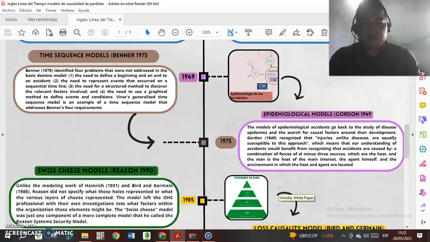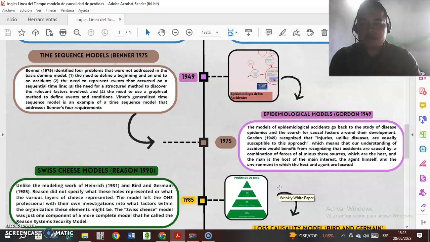In the years 1975, the ten second model, Bernard, in 1975, identified four problems that were not addressed in the basic accident models. The need to present events that occurred on a sequential timeline.